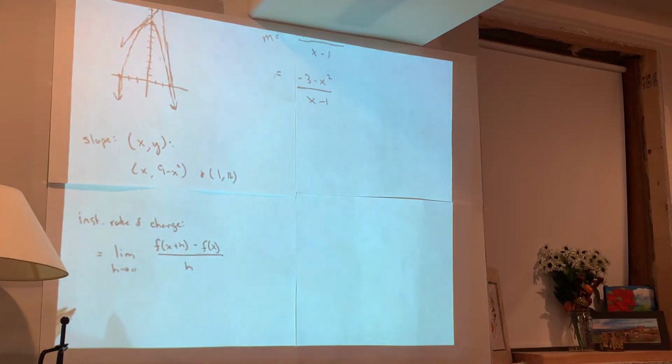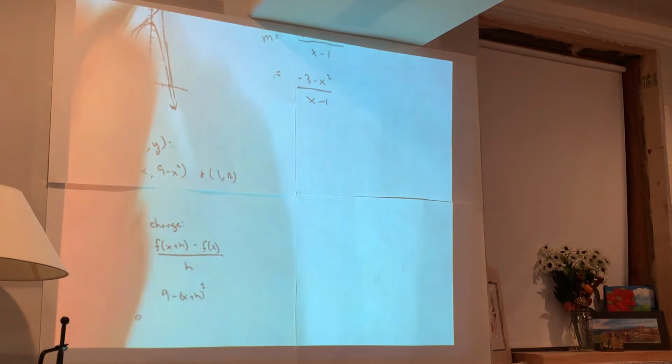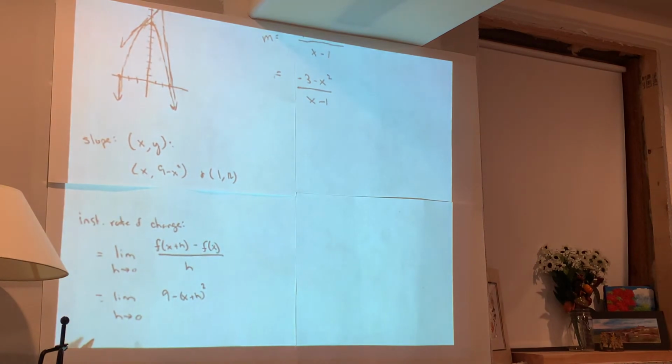So specifically, the limit as h approaches 0. Can't be lazy with my limit notation. 9 minus the quantity x plus h, squared, that's what f of x plus h would be, minus f of x, which is 9 minus x squared, all over h.